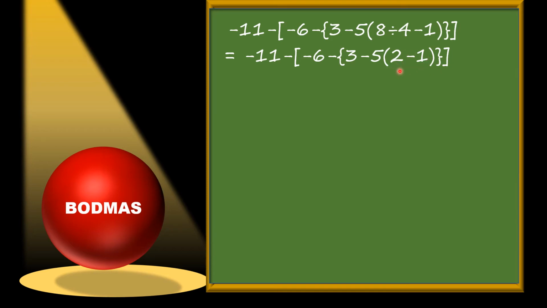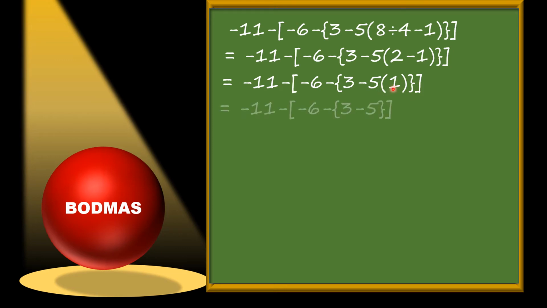Now we still have to solve this small bracket. So 2 minus 1 equals 1. So now it is 5, 1. 5 multiplied by 1. Now we will multiply this and we will get 3 minus 5 in curly brackets.